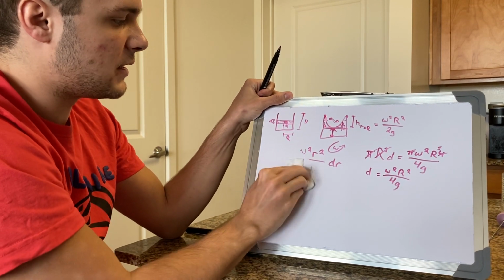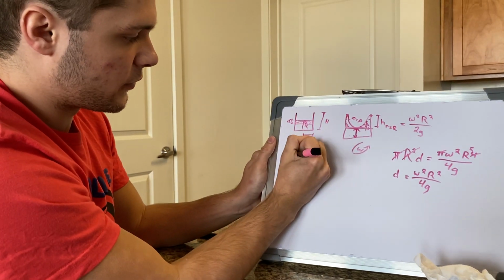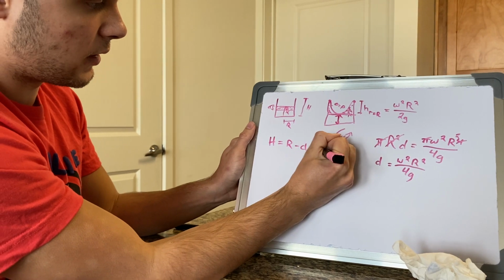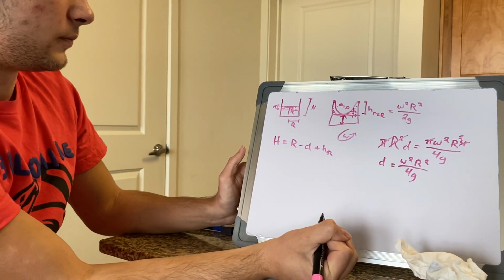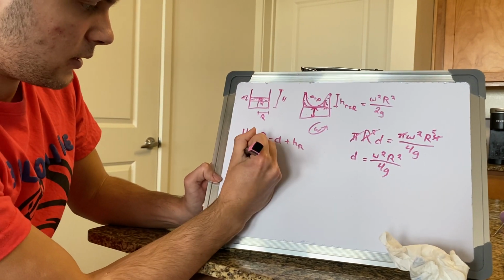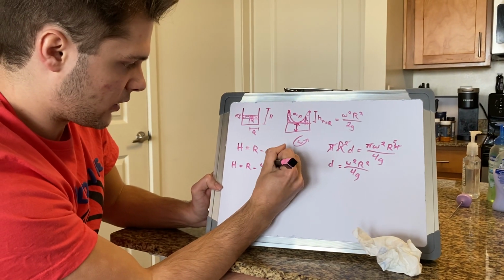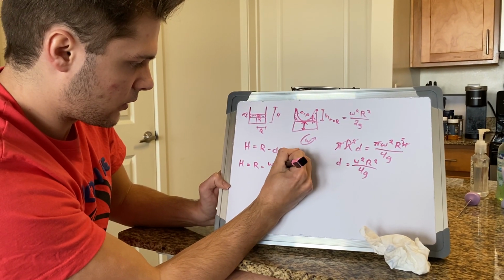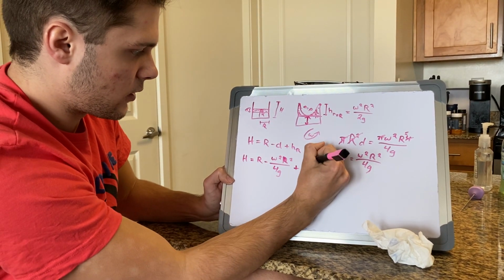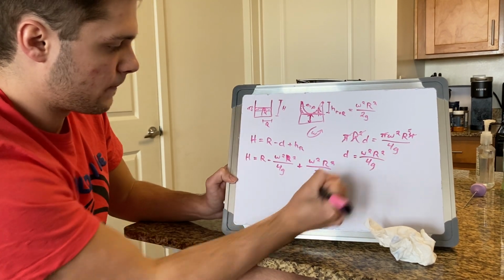So now that we found d, we can go back to our equation for our height of R minus d plus h of R. So if we plug in for d and h of R, we get our height equals the radius minus omega squared R squared over 4g plus omega squared R squared over 2g.